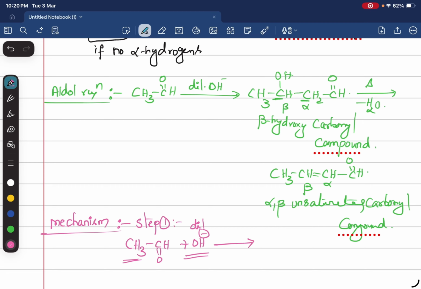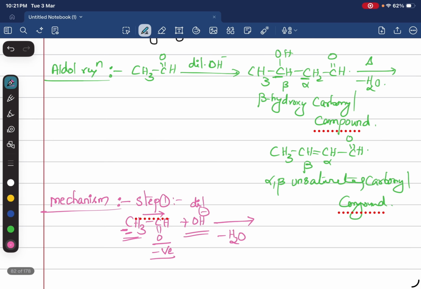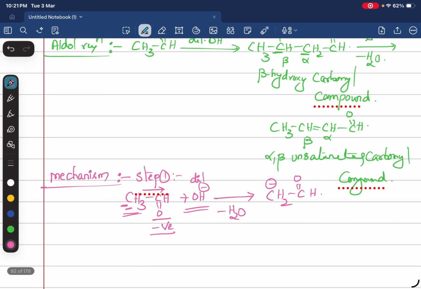Why are we using dilute base? Why not concentrated base? Because the carbonyl group is an electron-withdrawing group. It pulls electrons towards its side so that this alpha carbon is acidic, so it easily loses H plus ion. The OH minus ion accepts H plus from the alpha hydrogen, loses water, and we get enolate ion as the intermediate, CH2 minus C double bond O. This is step 1, which is nothing but making the enolate ion.